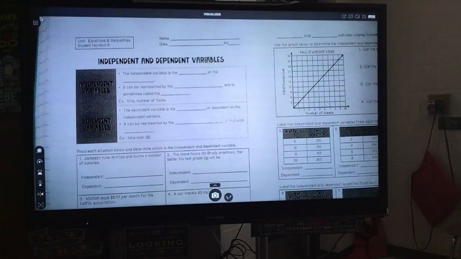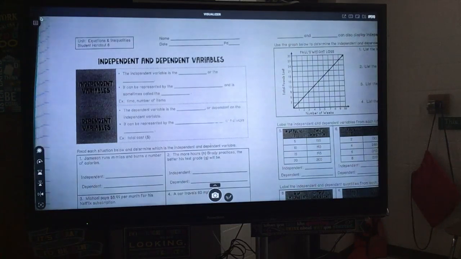Being able to identify your independent and dependent variables is going to be very important. The way it's going to appear on your tests and quizzes is: here's an equation, which graph goes with it, and you have to pick 2 points and plug them in.